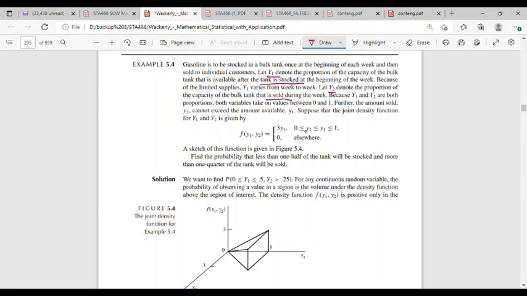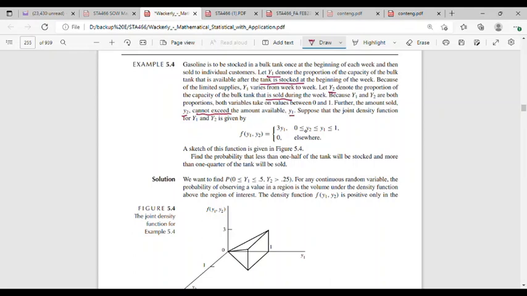Because y1 and y2 are both proportions, both variables take only values between 0 and 1. Further, the amount sold, which is y2, cannot exceed the amount of y1.